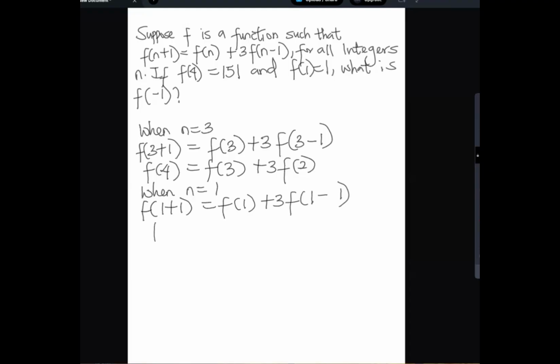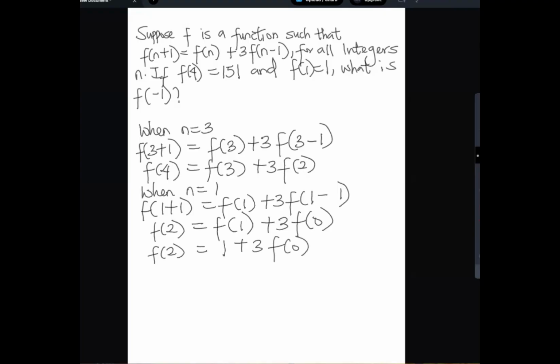Then we have f of 2, which is equal to f of 1 plus 3 f of 0. We're given that f of 1 is 1 from the question, so let's substitute that into f of 2. So f of 2 can be further simplified as 1 plus 3 f of 0.